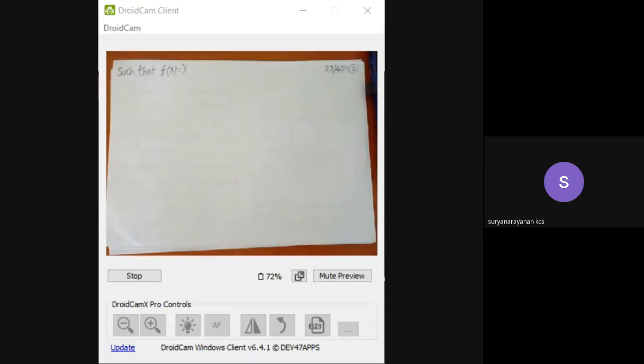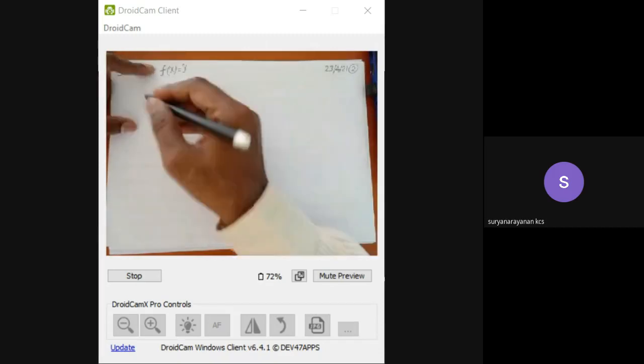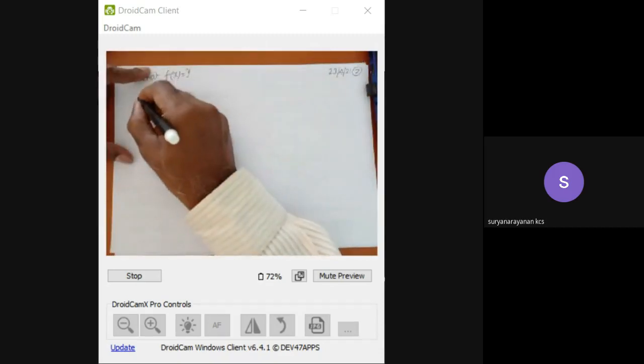So just by observing the arrow diagram, you can easily identify whether it is an onto function or not. Suppose, see this example.